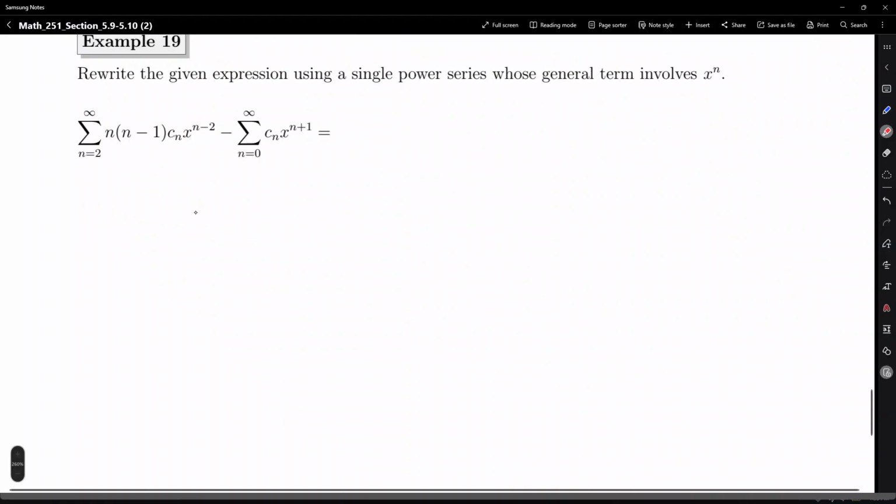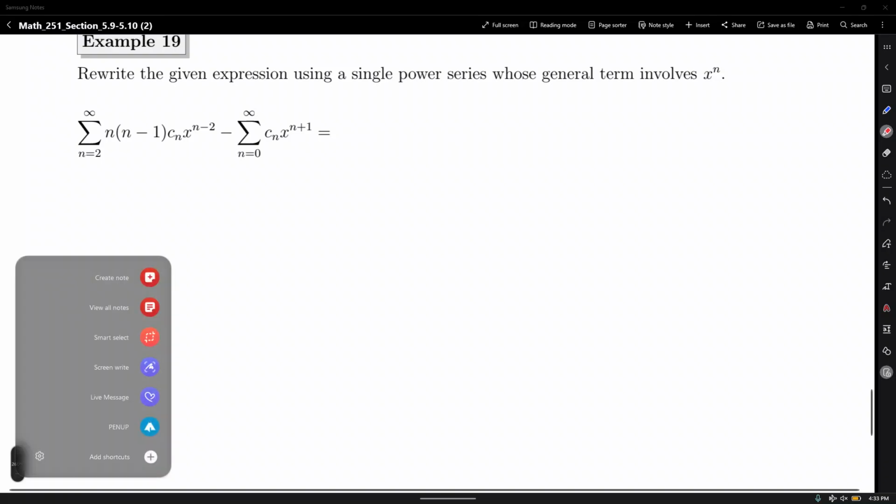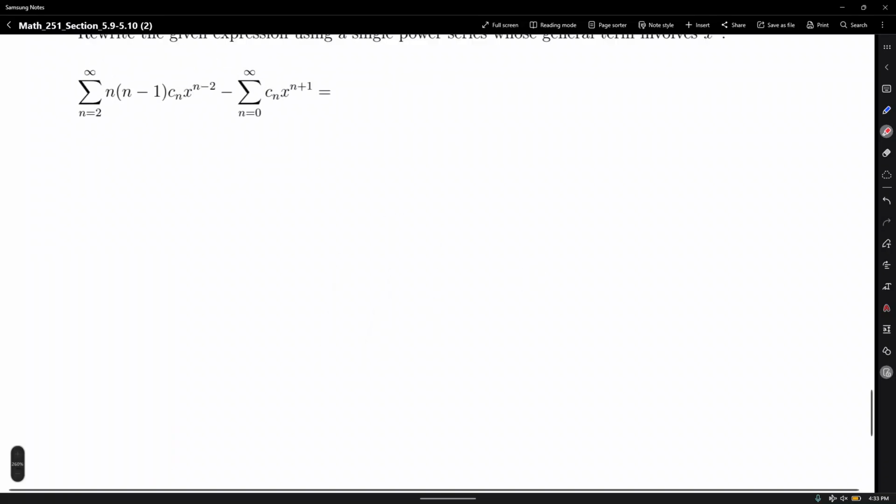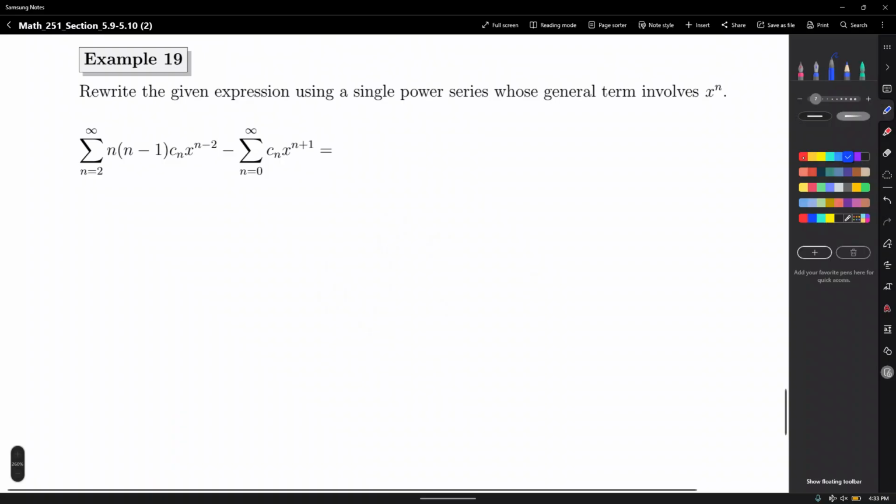The first series does not have the same exponent, right? So these two series cannot be combined together into a single one because they are not like series. That is, they do not have the same starting index and they do not have the same power of x. All right, what's the trick here? Check this out. I'm going to compare the powers.